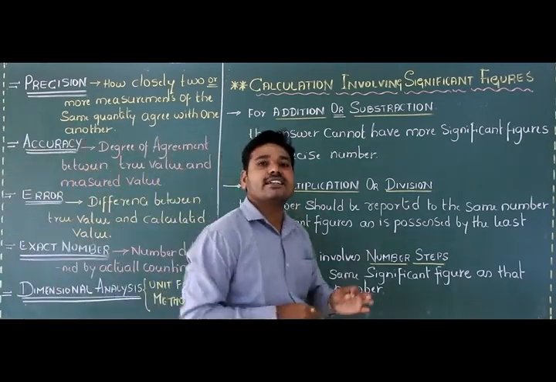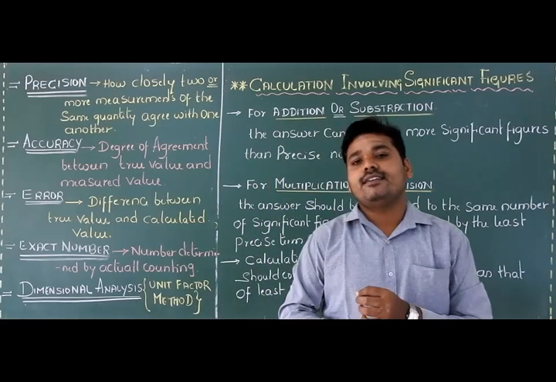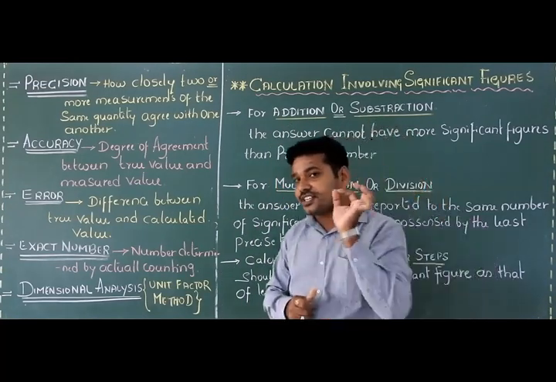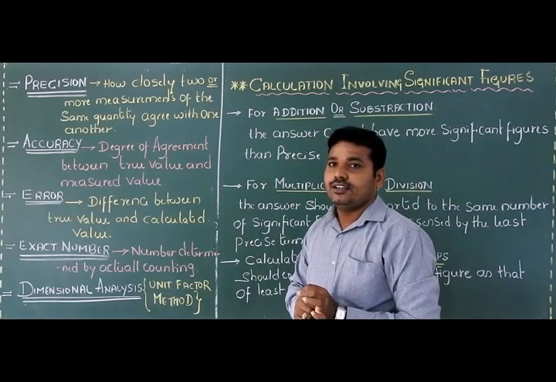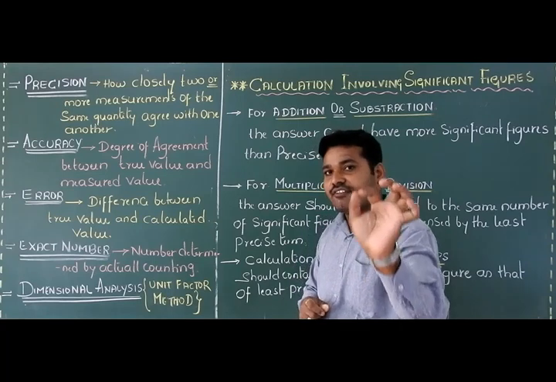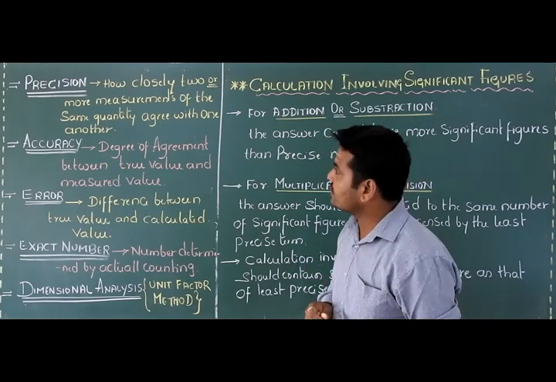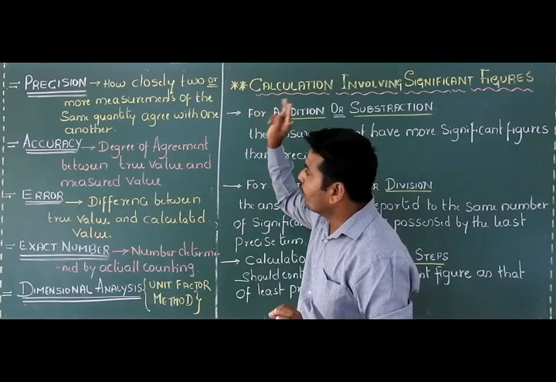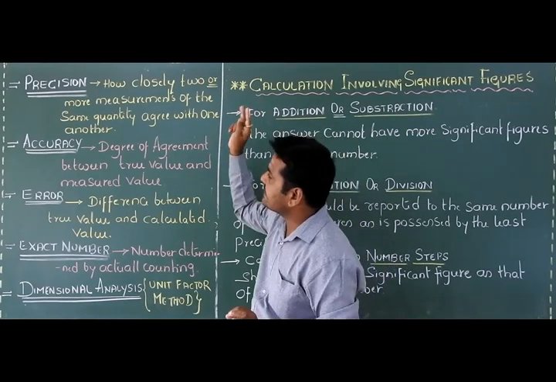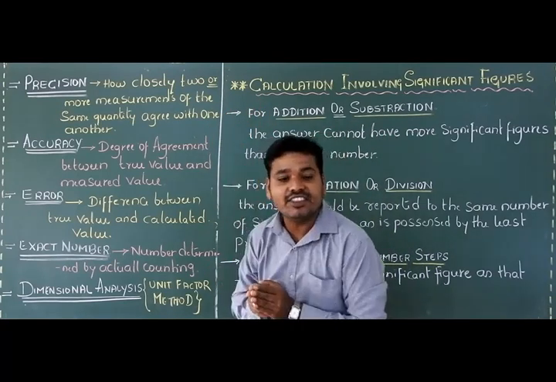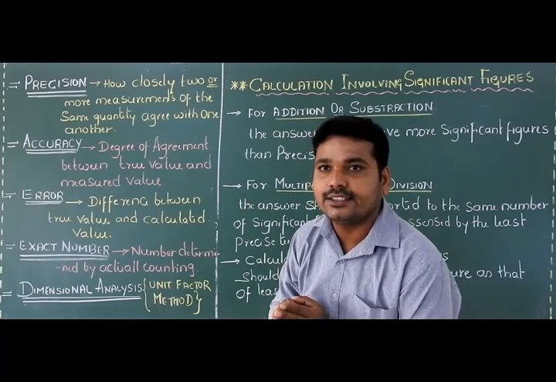That itself we call precision, students. Listen to the definition of precision carefully: precision refers to how closely 2 or more measurements of the same quantity agree with one another.